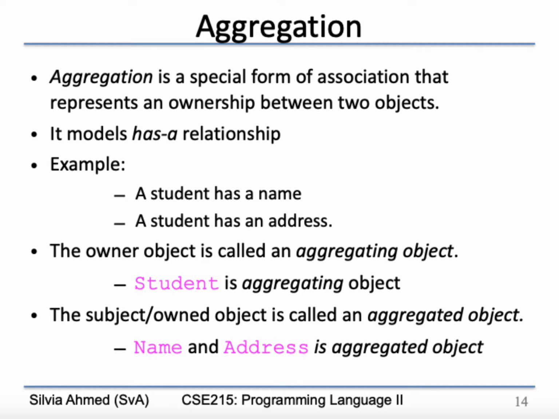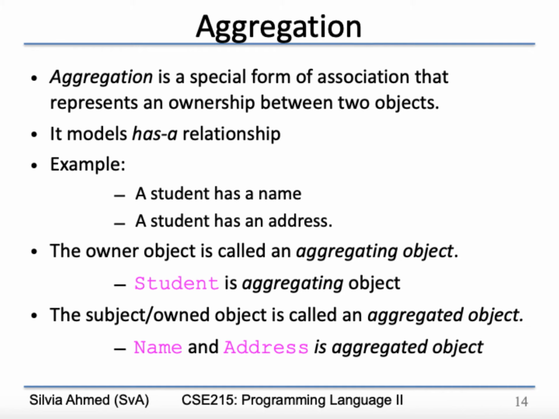Any sort of relationship is known as association, but now we will see aggregation, another type of relationship, which is simply a special form of association that represents an ownership between two objects. So it models a has-a relationship.